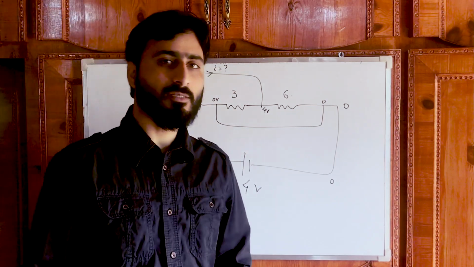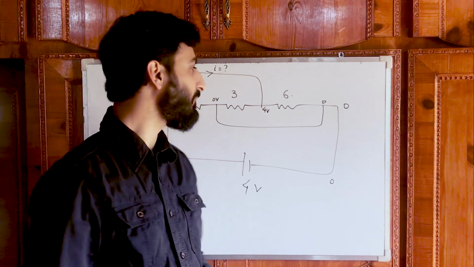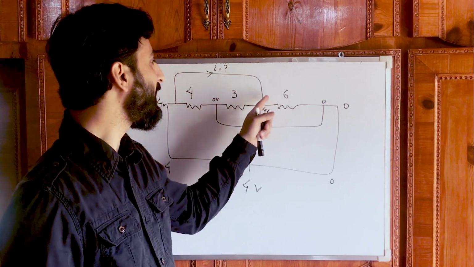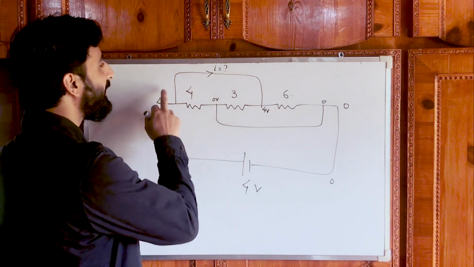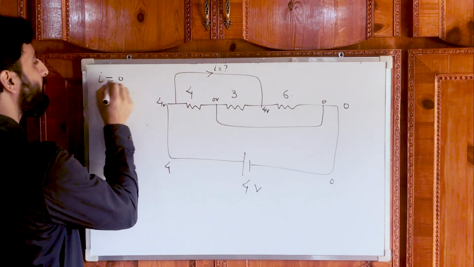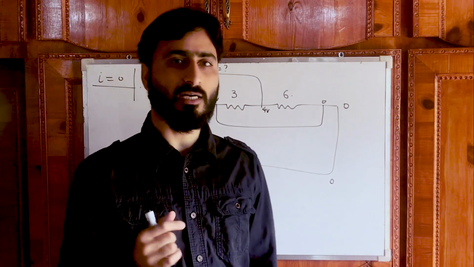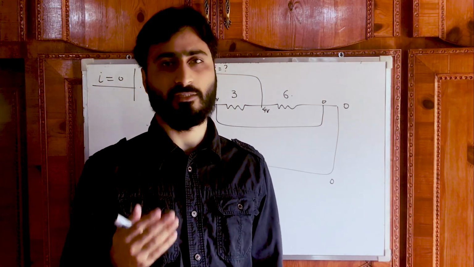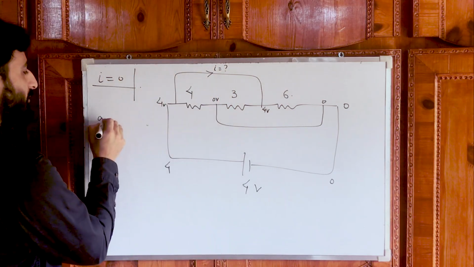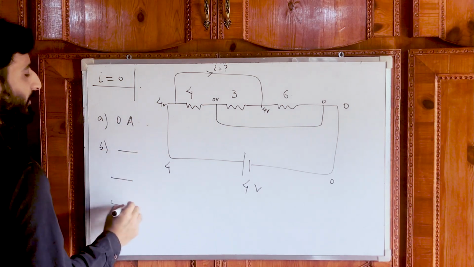Now, one of the misconceptions that at times the student can have is that the current through this conductor will be 0. And whenever such questions are asked in JEE, whether in main or in advanced, the first choice they give you is 0 ampere, and then there are other options.